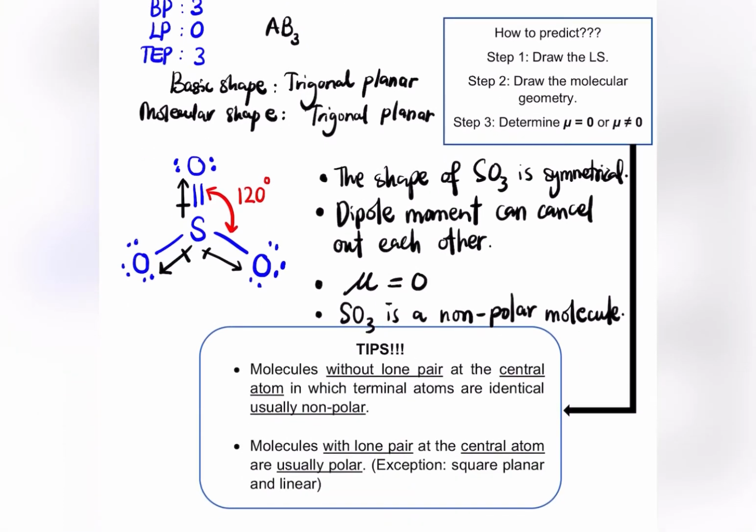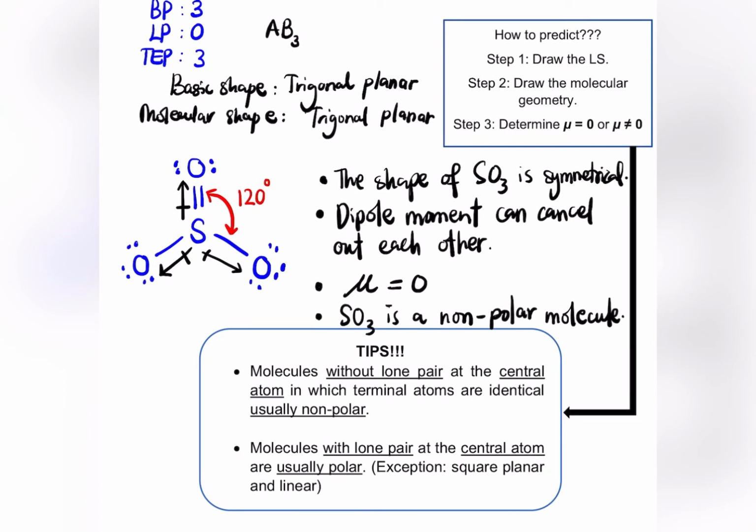So, a little tip for you. If the molecule has no lone pair at the central atom and the terminal atoms are identical, usually it will be non-polar. Like this example, there is no lone pair on sulfur and the terminal atoms are all the same, which is oxygen. So that's why SO3 is a non-polar molecule.